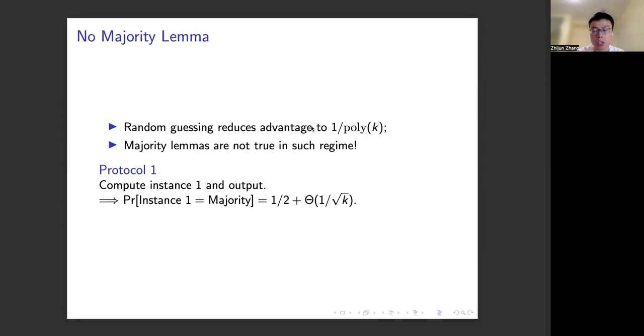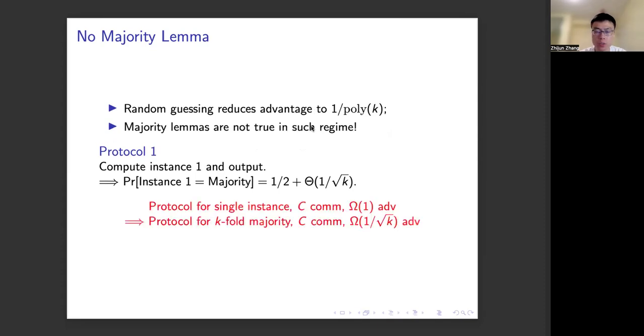By the properties of binomial distributions, we know the probability that the majority will be equal to the first instance is roughly half plus 1 over root K. This means if we have a protocol for computing a single instance with constant advantage, we can also get a protocol for computing the K-fold majority of K instances with the same amount of computation and roughly 1 over root K advantage.